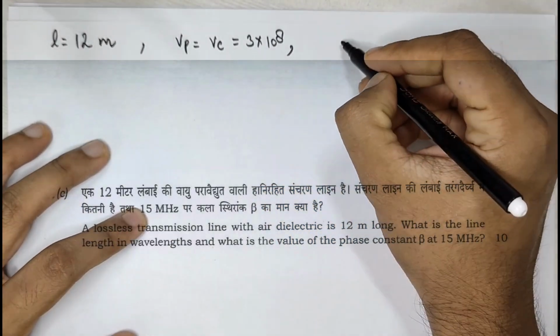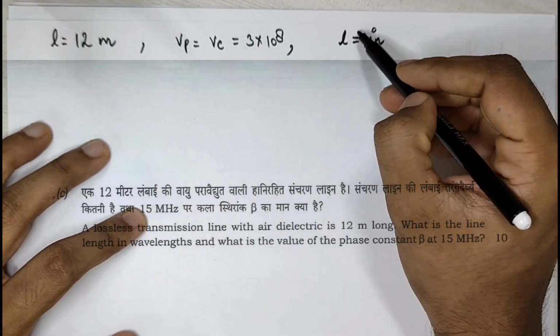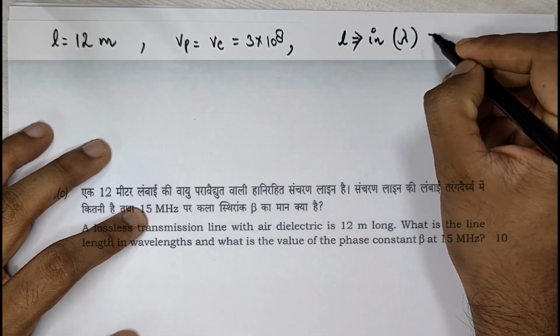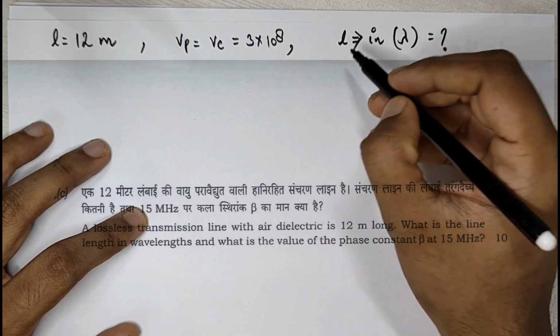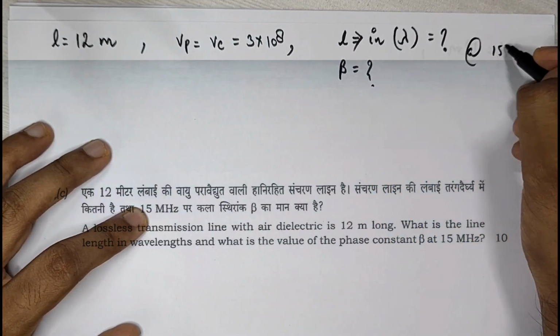We need to calculate the length in terms of wavelength, that is lambda, and the value of the phase constant, that is beta, at 15 megahertz.